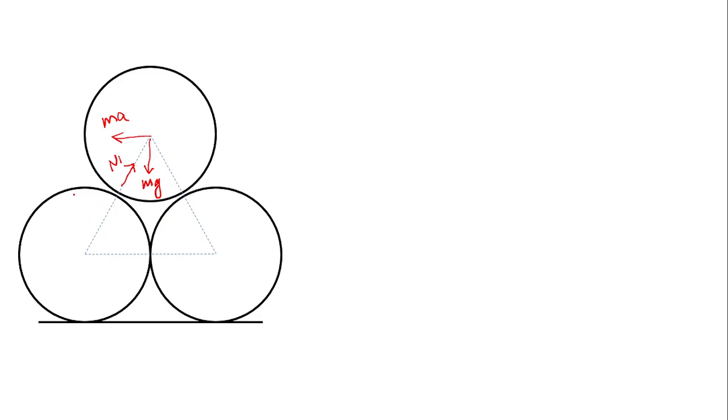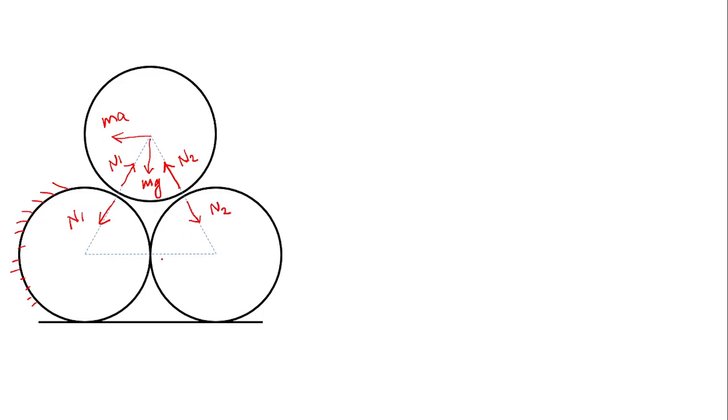Since the system is at rest, this ball is at rest, and all the balls are in fact at rest. So the normal reaction appearing on this ball will also be n1. Okay, and on this surface, let us assume the normal reaction is n2. That means on this ball also it will be n2, Newton's third law.